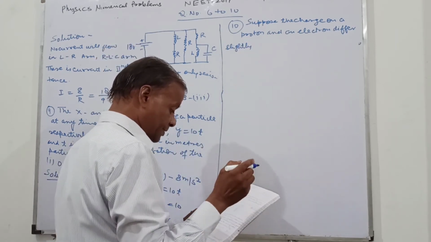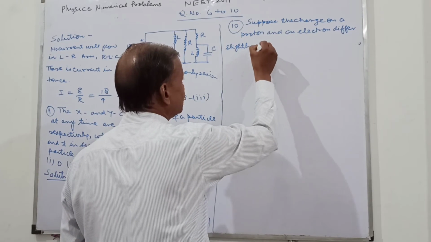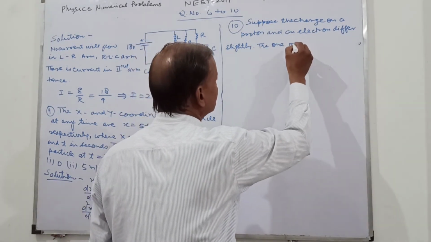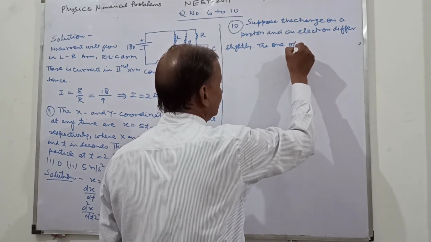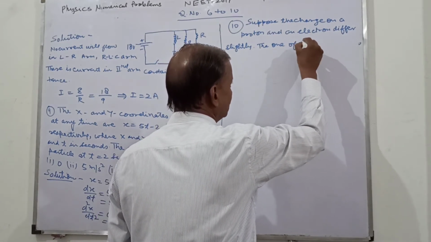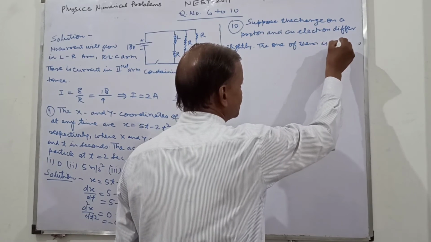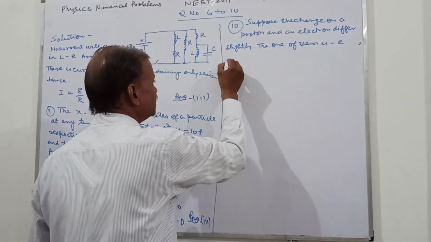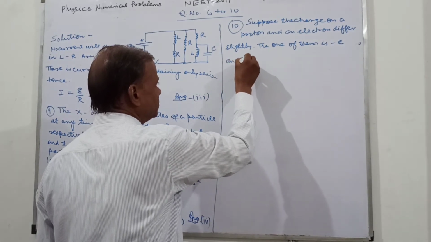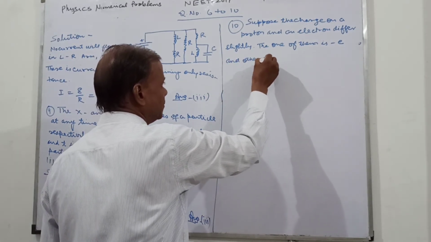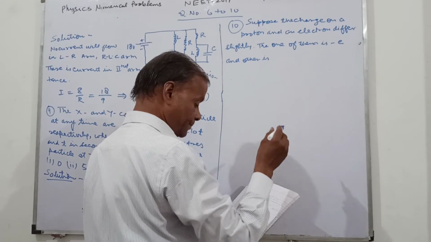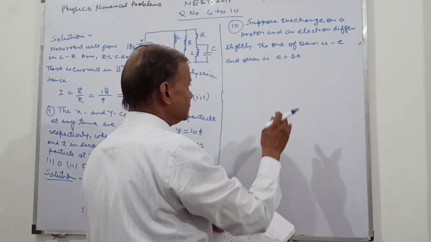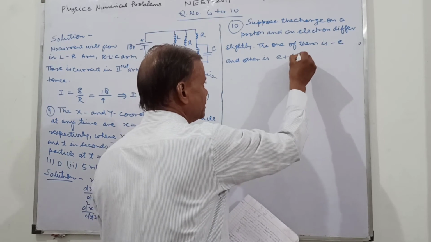Now one of them is minus e and the other is e plus delta e.